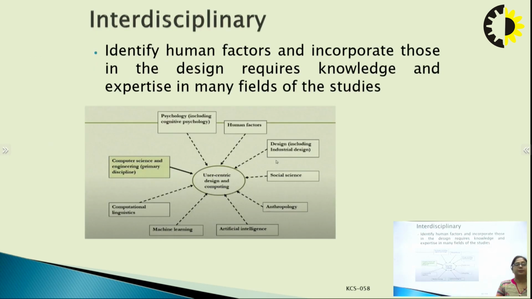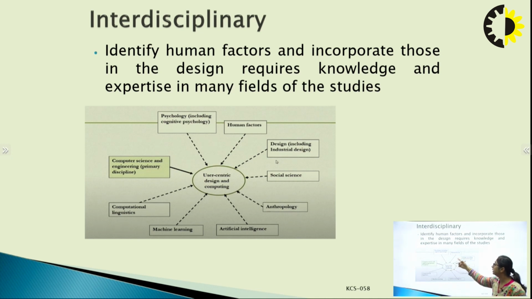So there are many interdisciplinary fields where HCI will be used. Identifying human factors in different interdisciplinary fields and incorporating those in the design requires knowledge and expertise in many fields of study. So let's discuss the many fields of study in user centric design and computing.